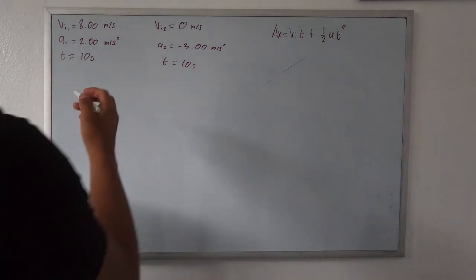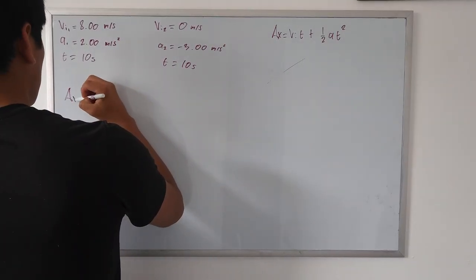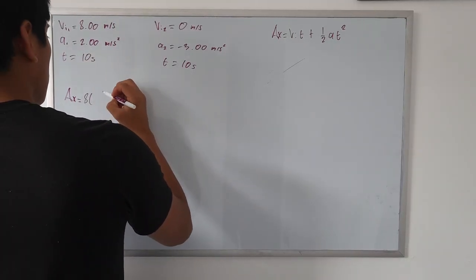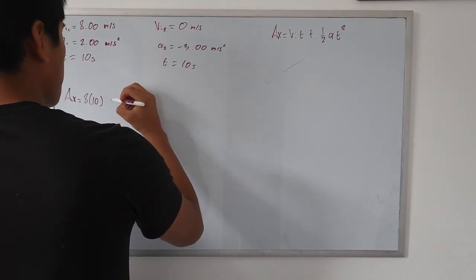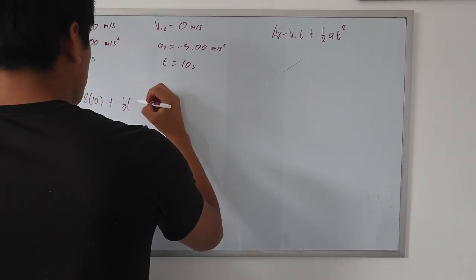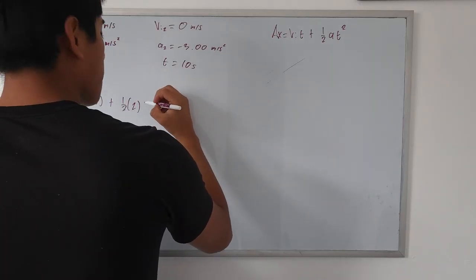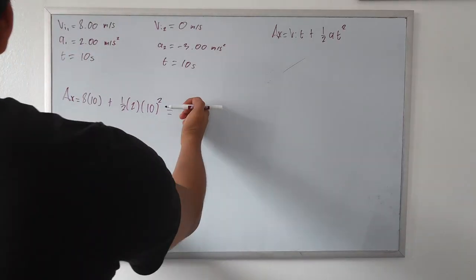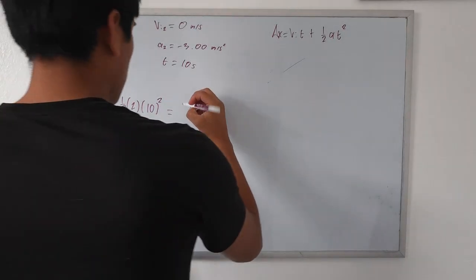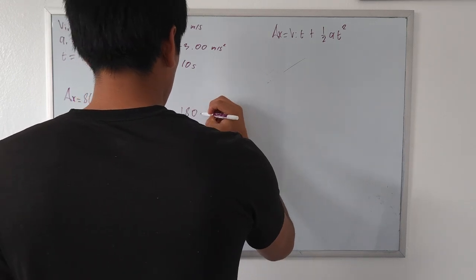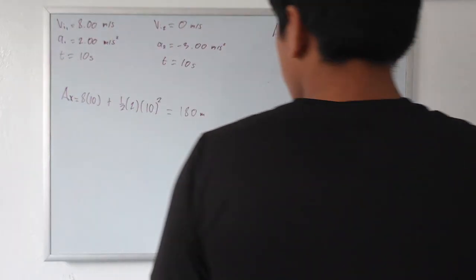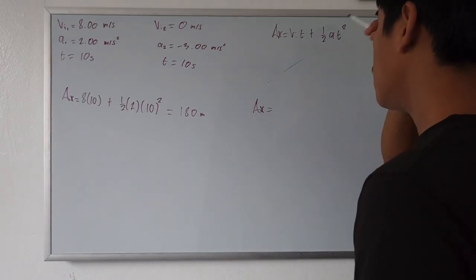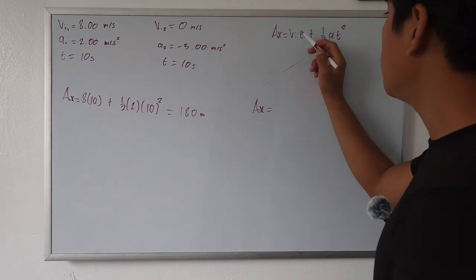So for the first one, that should give you 180 meters. And then for the second one, since the initial velocity is 0, this will cancel out.